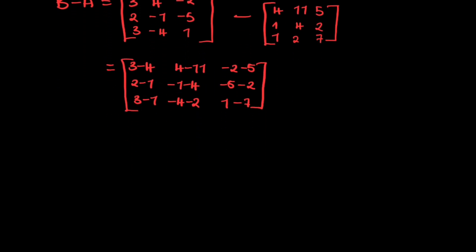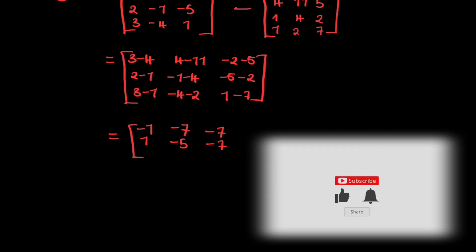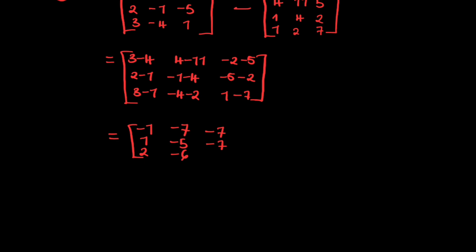So now we simplify this. 3 minus 4 is minus 1, 4 minus 11 is minus 7, minus 2 minus 5 is minus 7, 2 minus 1 is 1, minus 1 minus 4 is minus 5, minus 5 minus 2 is minus 7, 3 minus 1 is 2, minus 4 minus 2 is minus 6, and 1 minus 7 is minus 6.